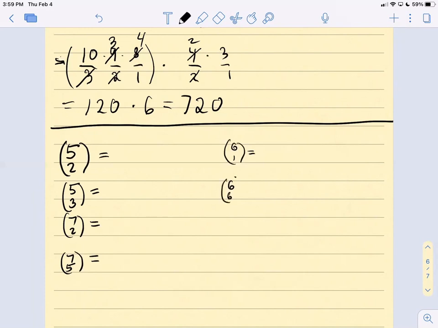Oh, sorry, my bad. 6 choose 5, and 6 choose 6, and 9 choose 3. The last ones are a little bit longer. 9 choose 6. Okay, I'll give you guys a few minutes. Please calculate them. Make sure you have a pencil and paper to do these, and let me know what you get. Okay, let me know when you're done.